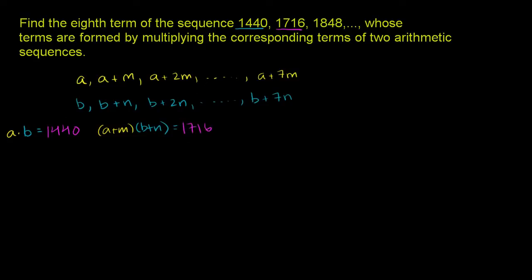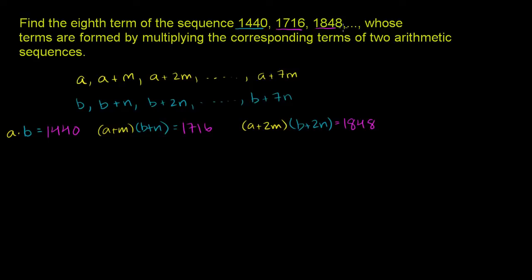1716. We also know that a plus 2m times b plus 2n is going to be equal to 1848.